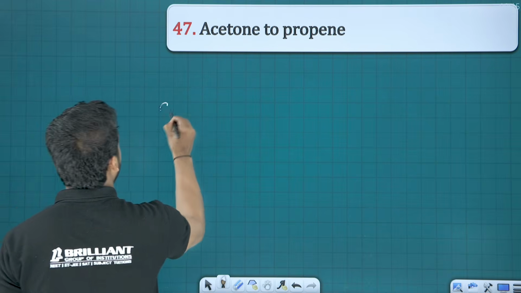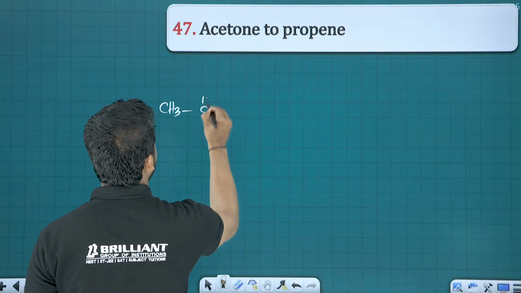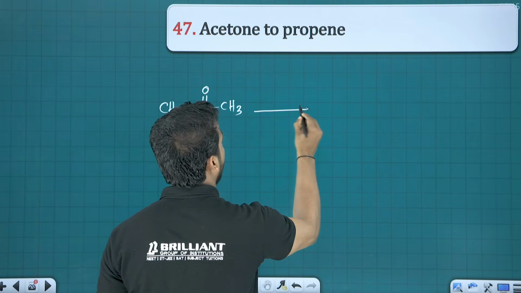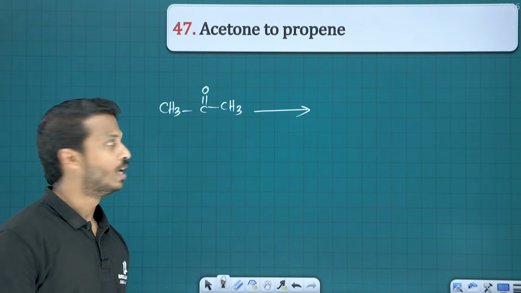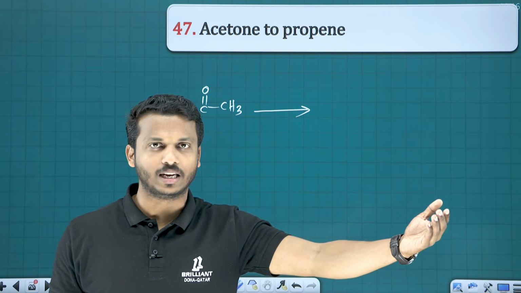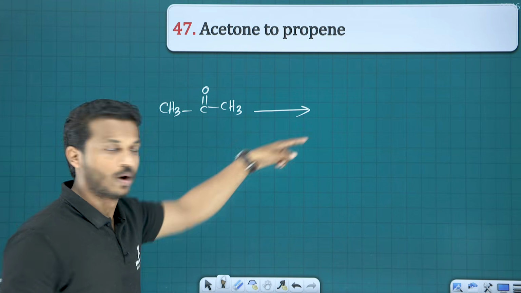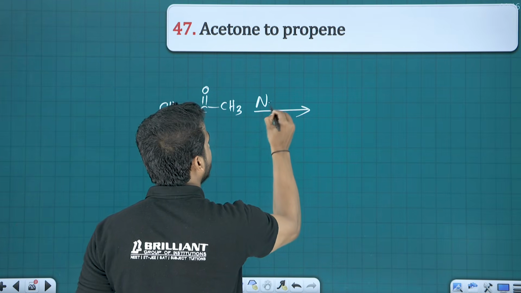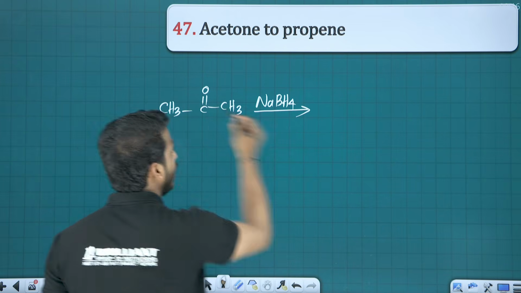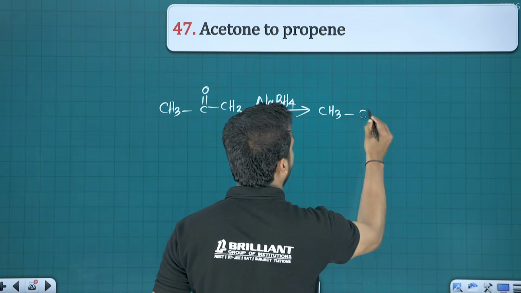Next, acetone. What is acetone? CH3COCH3. Acetone, how can you convert it into propene? See all, directly ketone, we cannot convert into alkene. We can reduce first. So ketone on reduction, what is the reducing agent? NaBH4, LiAlH4 and all. Ketone becomes secondary alcohol.